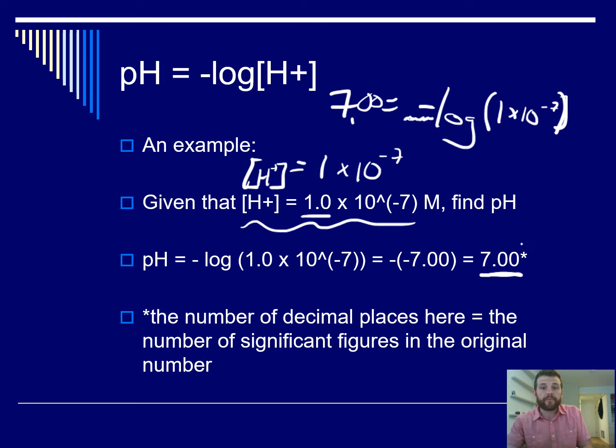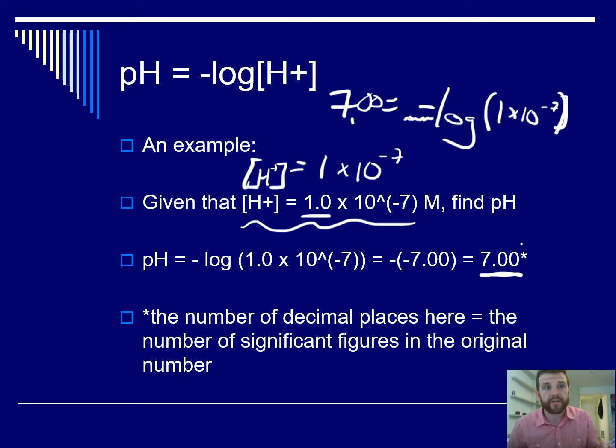Do not forget your negative part. That's a very common mistake people make, and it's going to give you a negative value. It's going to be incorrect if you forget to put that on there. So the number of decimal places here is the sig fig that I'm looking for. Since I have 2 sig figs, I need to have 2 decimal places to give the correct answer. And you can see that right there, 7.00.